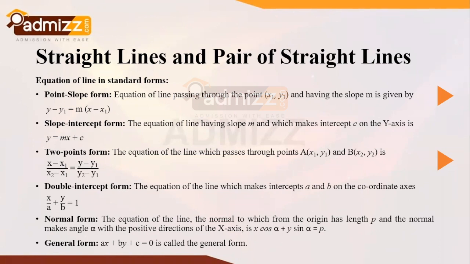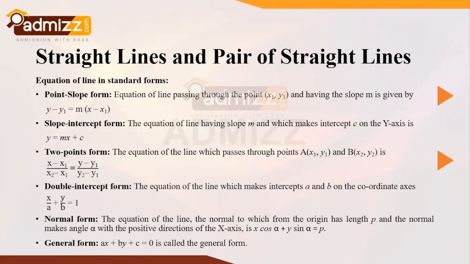The first form is the point slope form. In this, you will be provided with one point, (x1, y1), and one slope, and you simply substitute these values to obtain the answer. That is very simple to understand.